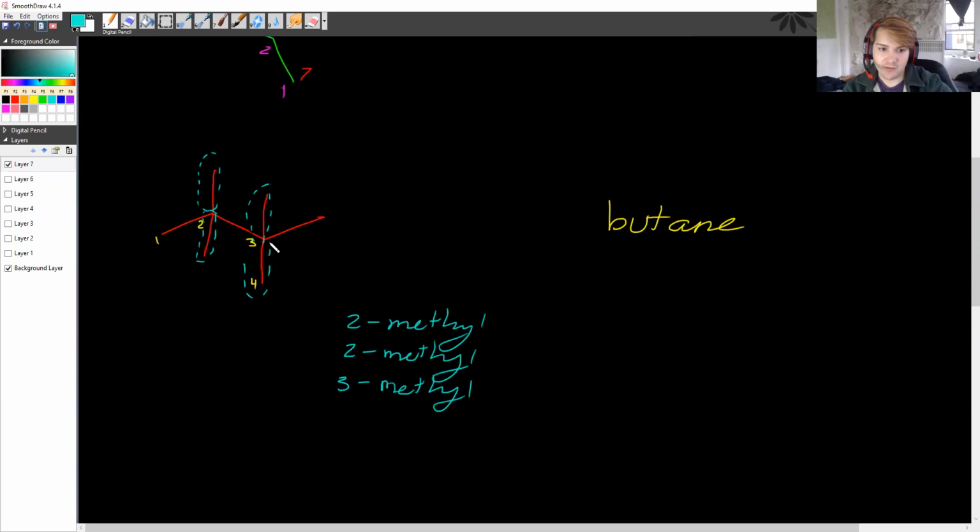And we have another methyl group on carbon 3. So whenever you have groups that are the same, we can group these all together and we can say we have tetramethyl. So our answer here is going to be tetramethyl.